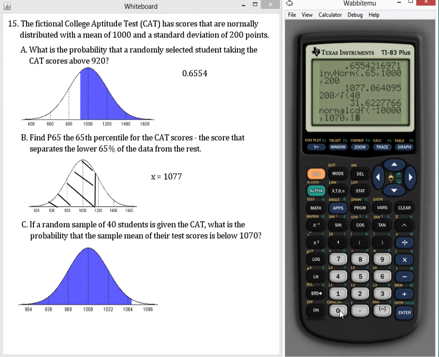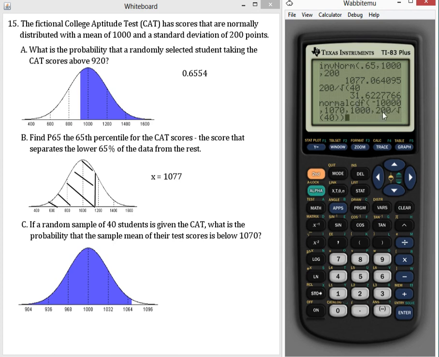So the mean is still 1,000, but now the standard deviation has changed. It's now 200 divided by the square root of 40. Let me get that right. Square root of 40. Okay, so I'm not going to just type in approximately 32 here because I want it to be as accurate as possible.